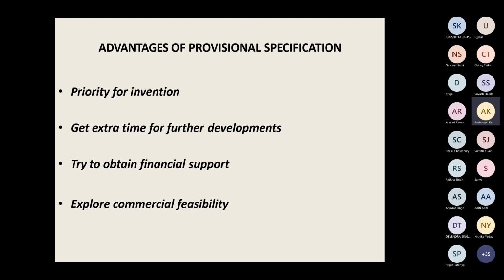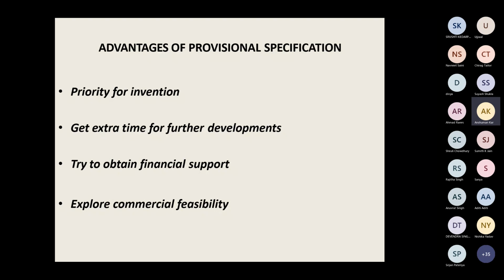Next is to get extra time for further developments, because I'm getting an extra 12 months for completing my invention. Also, not only for the developments, but to obtain financial support. Once I file the provisional, the rest of the process is not started. I'm not paying for examination, I'm not paying for other formalities.